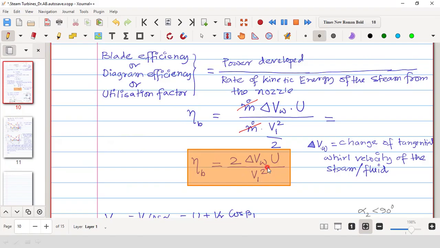Now, U is the blade velocity. And V1 is the incoming velocity of the steam.